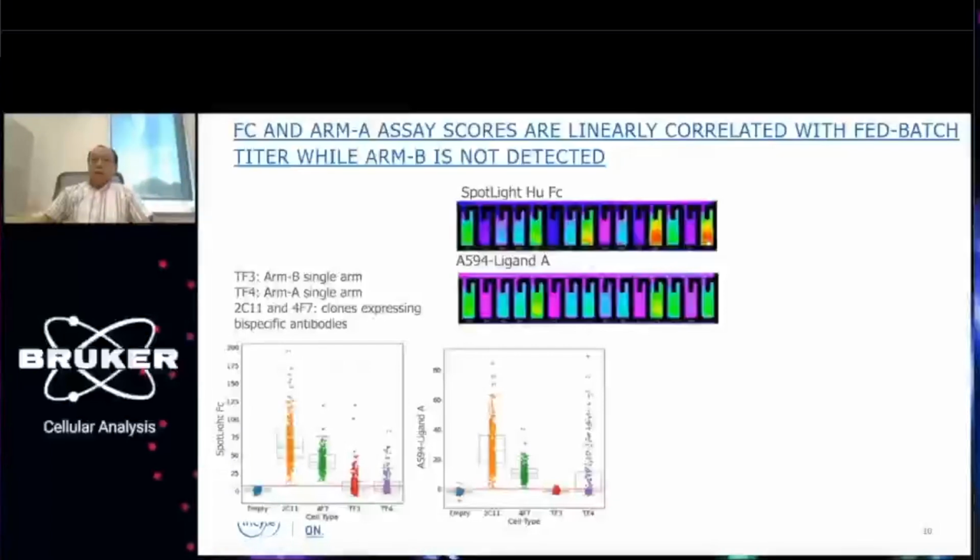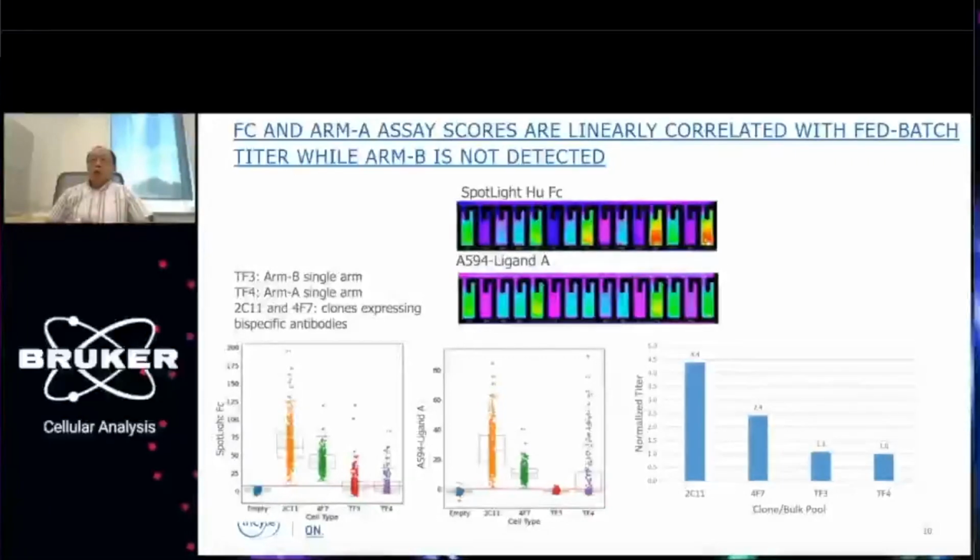The titer of TF3, TF4, and the two clones, 2C11 and 4F7, is already known. I also want to point out that to compare the ligand A score of TF4 with the titer, the score should be divided by 2 because TF4 expresses single arm antibodies.